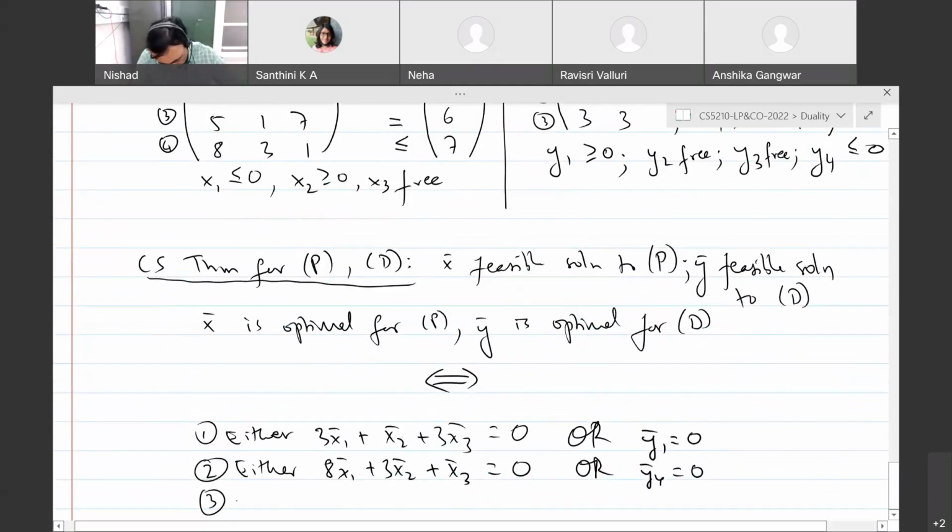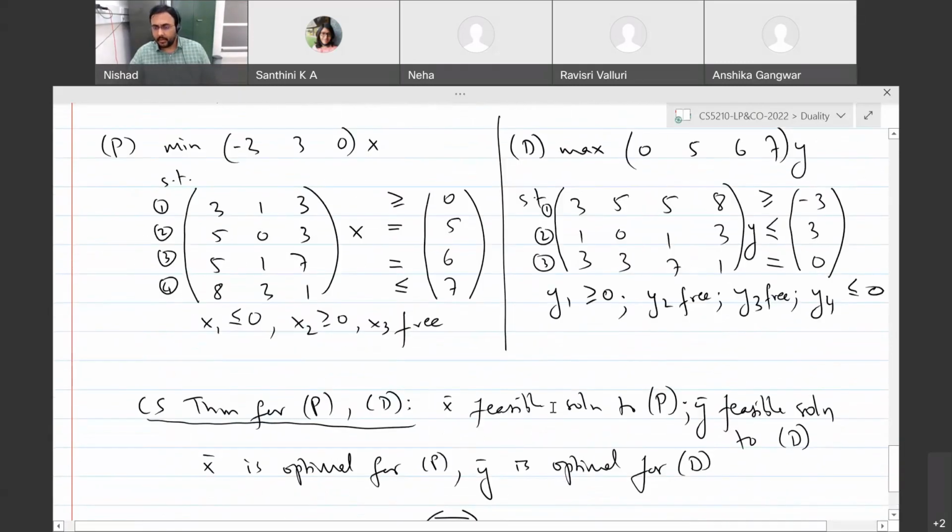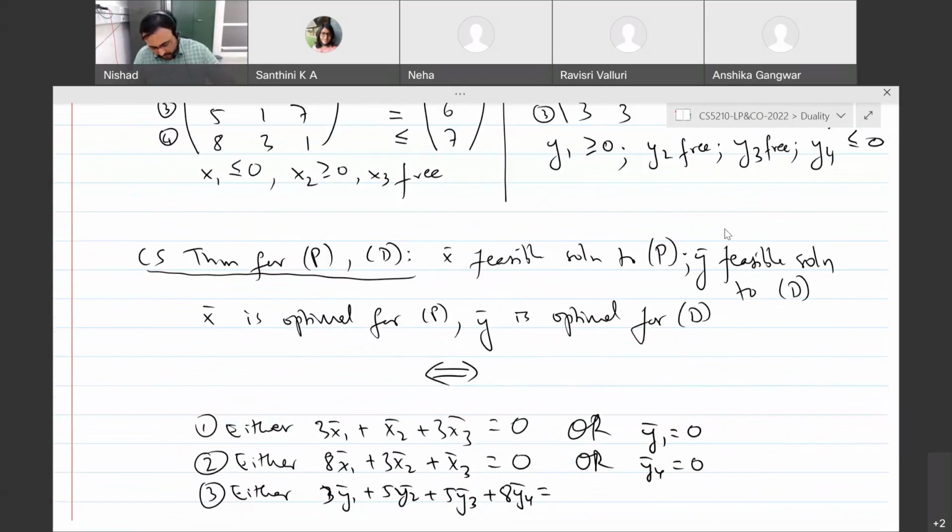3y1 bar plus 5y2 bar plus 5y3 bar plus 8y4 bar equals minus 3, or the primal variable x1 bar is equal to 0.